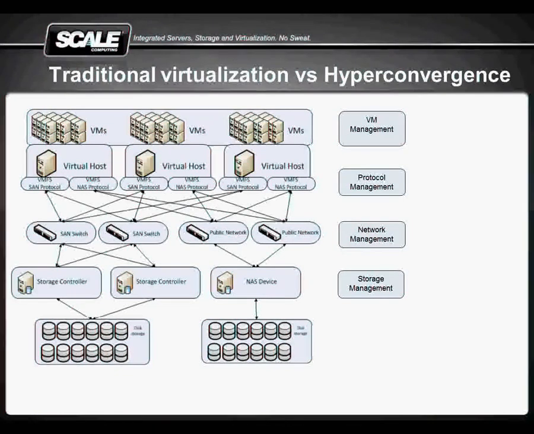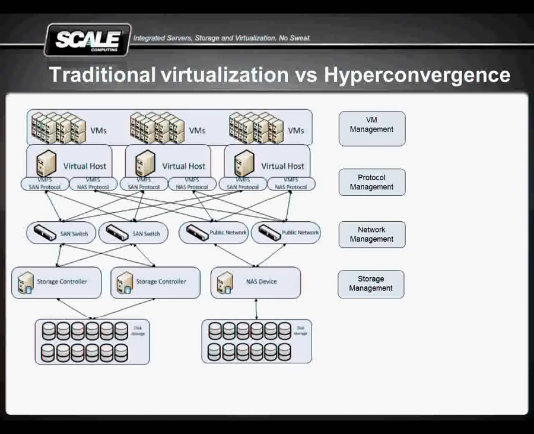What you see on the screen here is the way virtualization's been handled for the last 15 years. It works, but it's expensive, it's difficult to maintain, it's complex, there's a lot of moving parts that can fail at any given point in time, usually from a pile of different vendors.